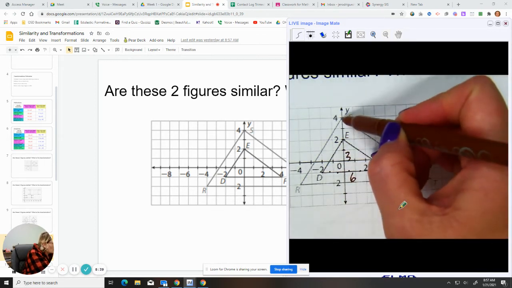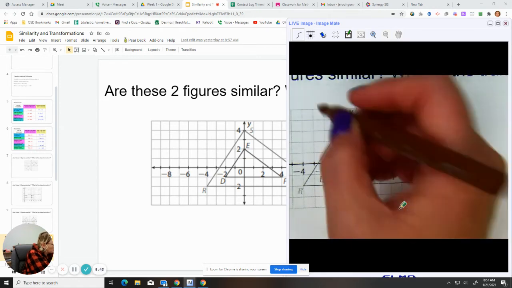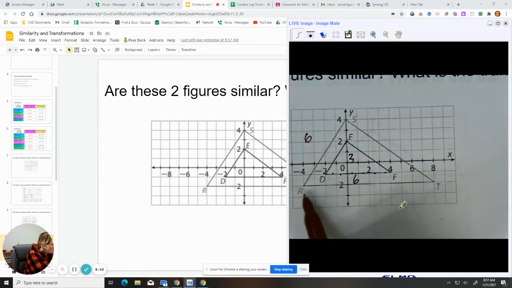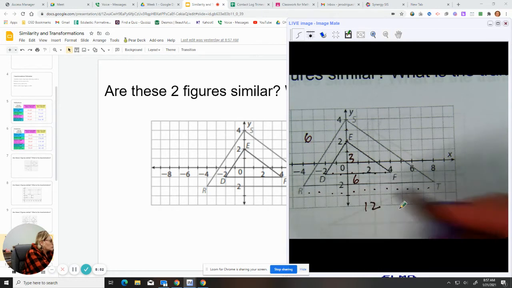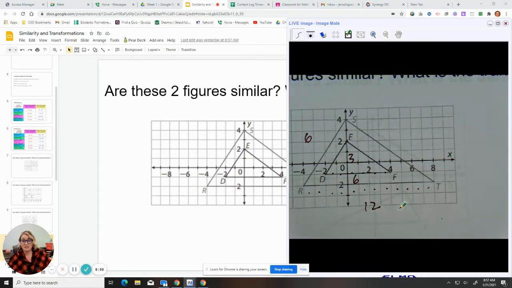This one is now 1, 2, 3, 4, 5, 6 tall, and 1, 2, 3, 4, 5, 6, 7, 8, 9, 10, 11, 12. So a 3 to 6 became a 6 to 12, which tells us, yes, they are the same.